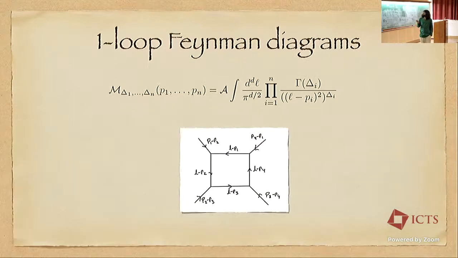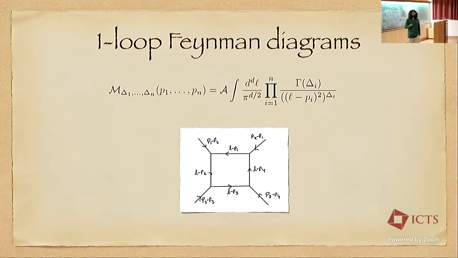In particular, let's look at one loop Feynman diagrams, which take this simpler form, where the propagators are now these (L minus p_i) squared. L is the loop momentum that you want to integrate over, and these p_i's are these momenta that are running inside the lines. And they're related to the external momenta in this way when you impose momentum conservation at each vertex.